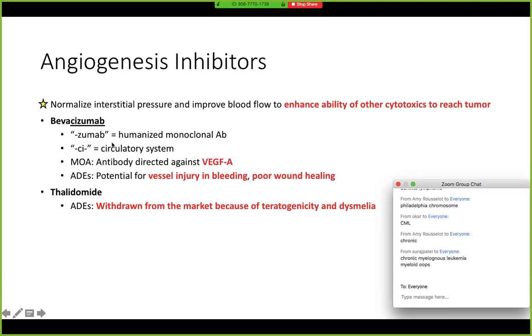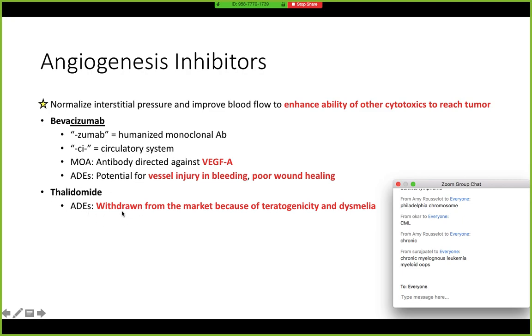Let's see. Zumab, your humanized monoclonal antibody, and if you see CI, that means it's targeting the circulatory system. So bevacizumab. One of the adverse effects she had was the potential for vessel injury and bleeding, and then poor wound healing.